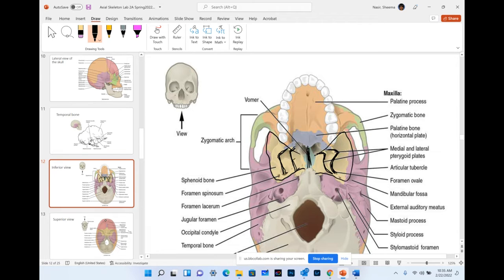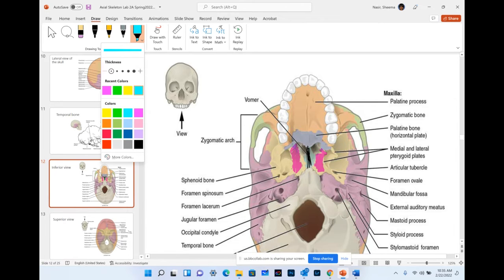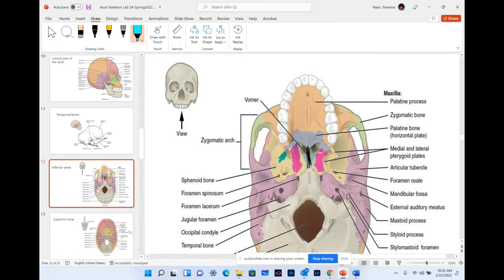The one closest to the midline, this one right here, is your medial pterygoid plate. The other one is your lateral pterygoid plate. Okay?